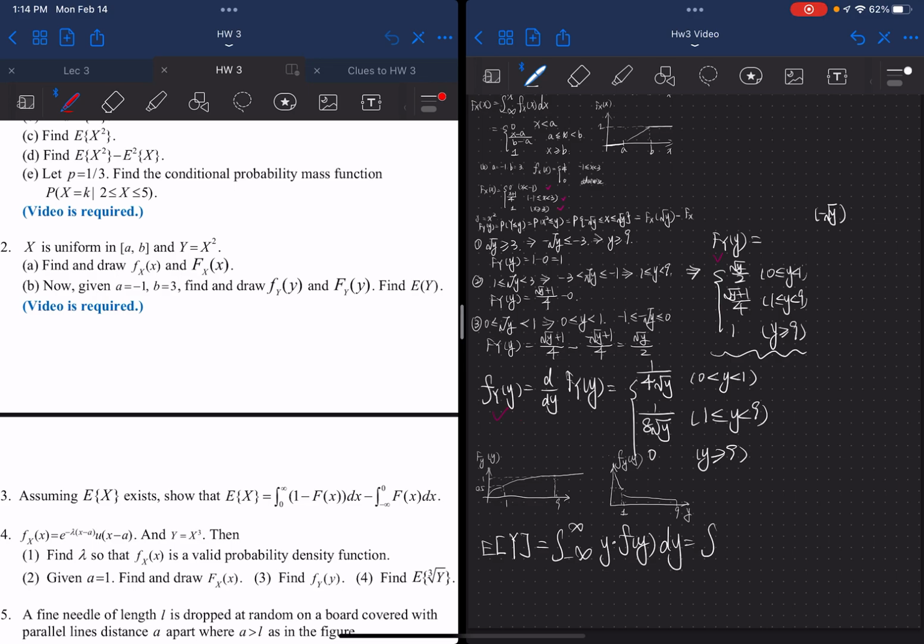We just plug in the formula we derived above, which is the integral of square root of y divided by 4 from 0 to 1, plus the integral of square root of y divided by 8 from 1 to 9, and then we get the value of 7 divided by 3. So this is the expected value of Y.